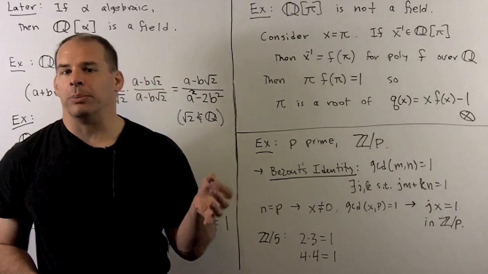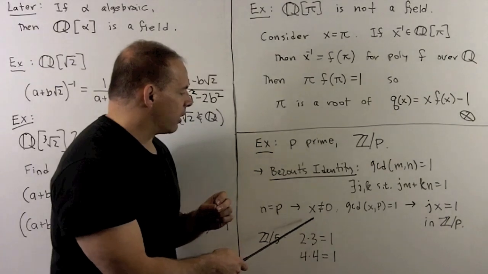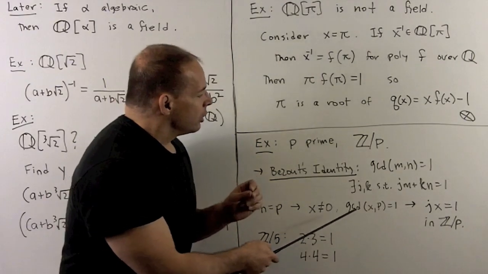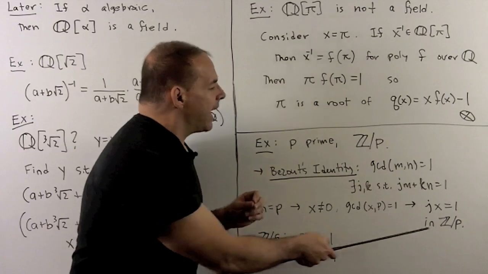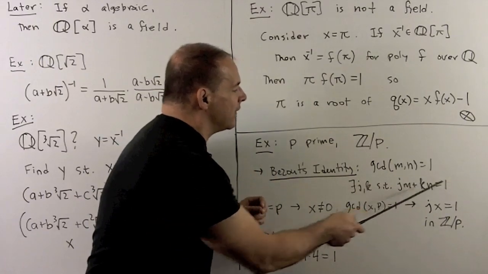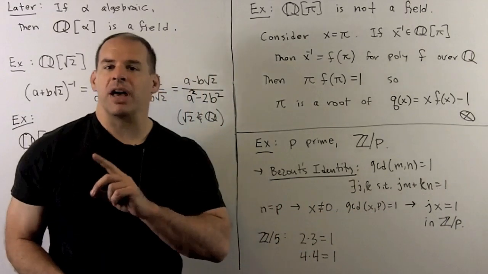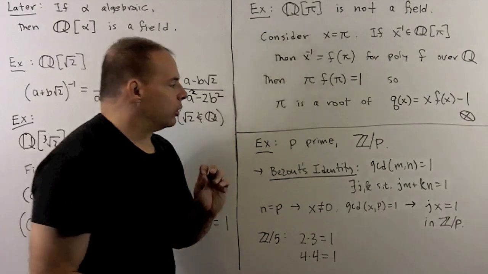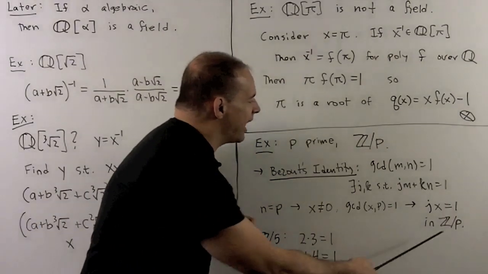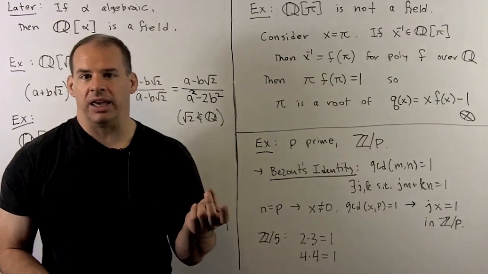Now, if I let n be equal to p in my statement, and we pick an x that's non-zero, that'll represent the m, the greatest common divisor of x and p is equal to 1. So when we pass to Z mod p, I'll have that j times x is equal to 1. That means I found the inverse for x, and that's going to be the j. Note here, this doesn't give us much help in actually finding j.